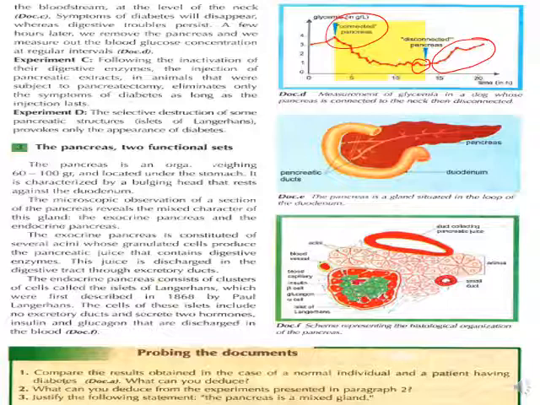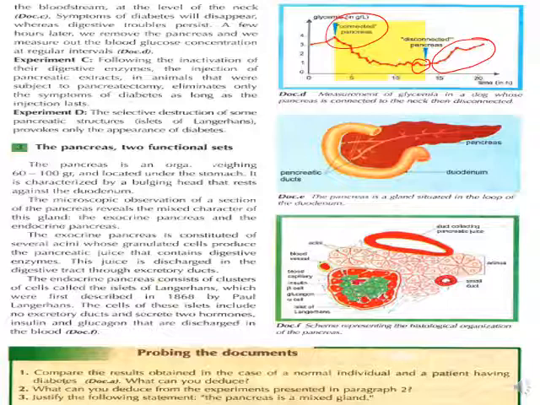The pancreas is an organ weighing about 60 to 100 grams and located under the stomach. It's characterized by a bulging head that rests against the duodenum. The microscopic observation of a section of the pancreas reveals the mixed character of this gland, the exocrine pancreas and the endocrine one.